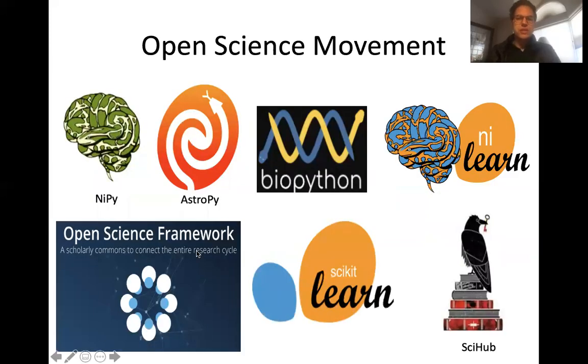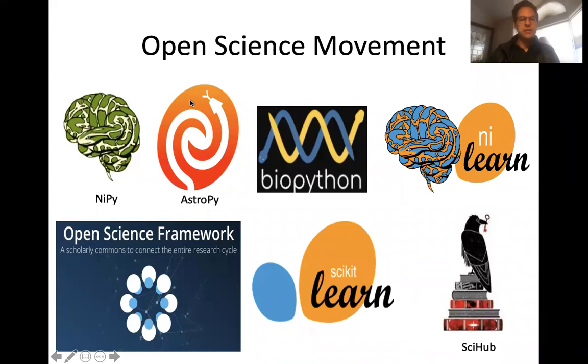And so there's this open science movement that I'm very invested in and very excited about. Python is really one of the keystones of this open science movement. We discussed this last time. There are a lot of different kinds of packages designed to handle different types of scientific data. For example, we have NiPy for neuroimaging data.